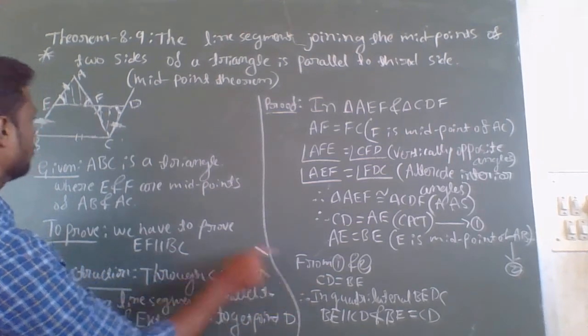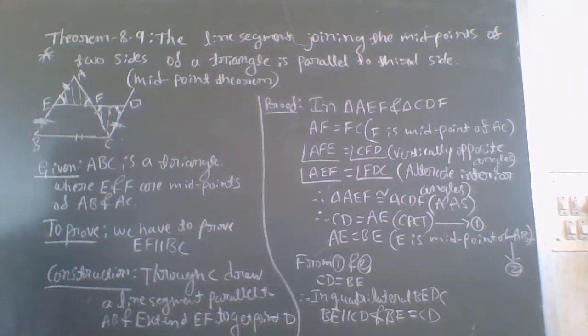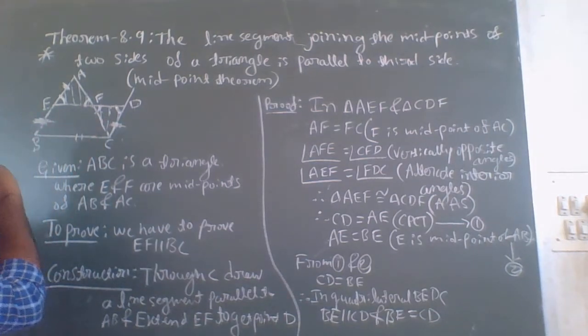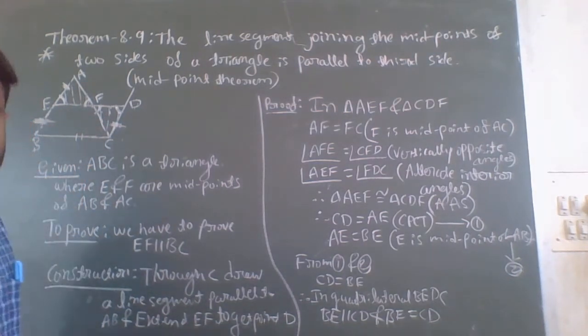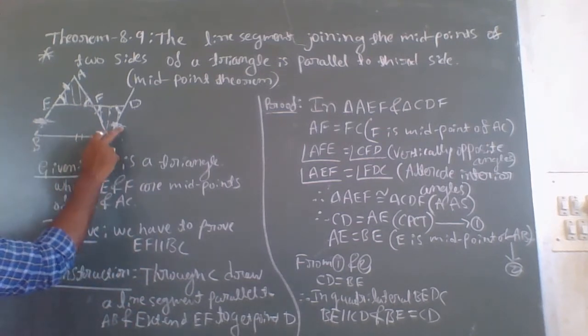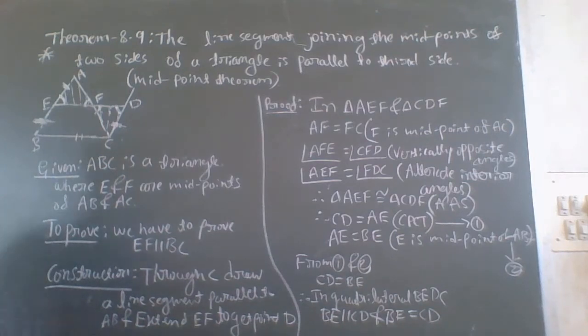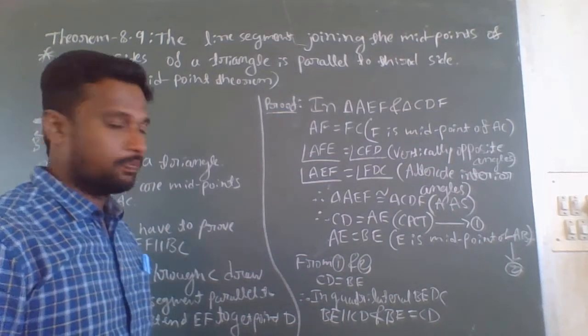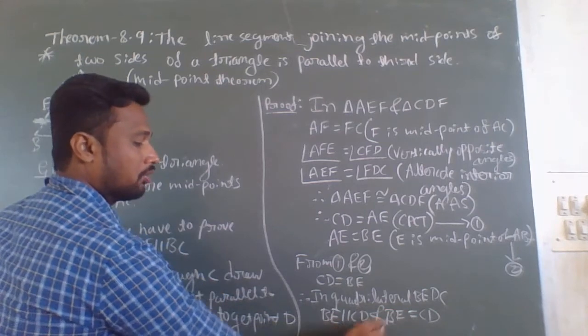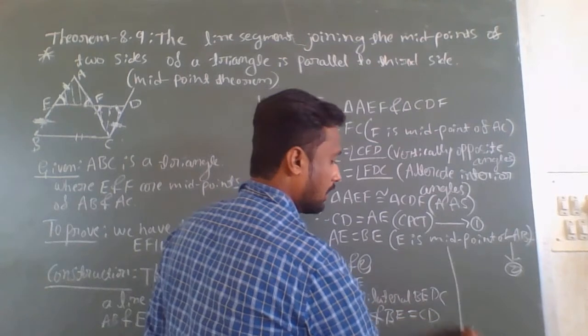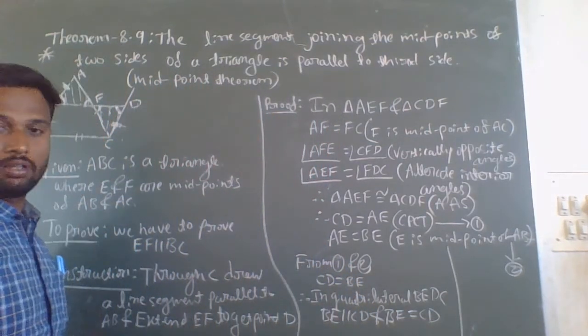Here we proved that BE is equal to CD. And we know that if in a quadrilateral one pair of opposite sides are equal and parallel, then we can say that the quadrilateral is a parallelogram. Therefore, here one pair of opposite sides are equal and parallel. Therefore, we can consider this a parallelogram.